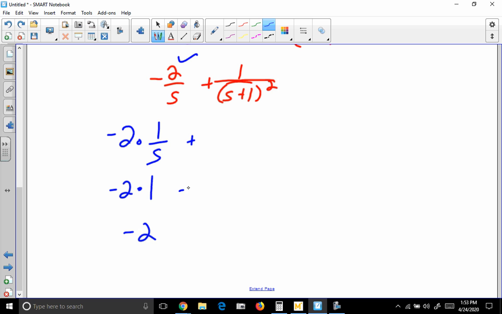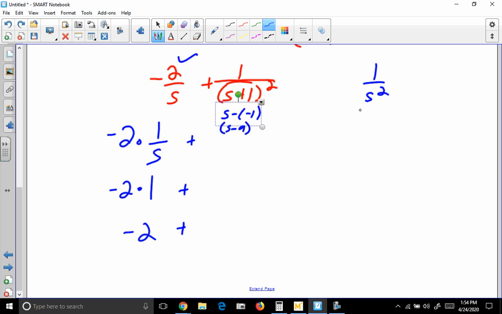If we look at the next one, remember when we have s plus or minus something, that's often s minus a, so that's s minus -1, s minus a. So if we imagine how s squared would transform, then we put the e to the at, and that takes care of that translation.